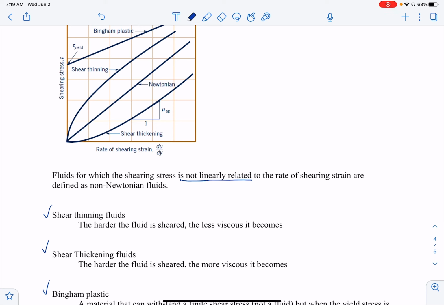This is how we define it. It means that the harder the fluid is sheared, the less viscous it becomes. For example, ketchup, or blood, or paint.